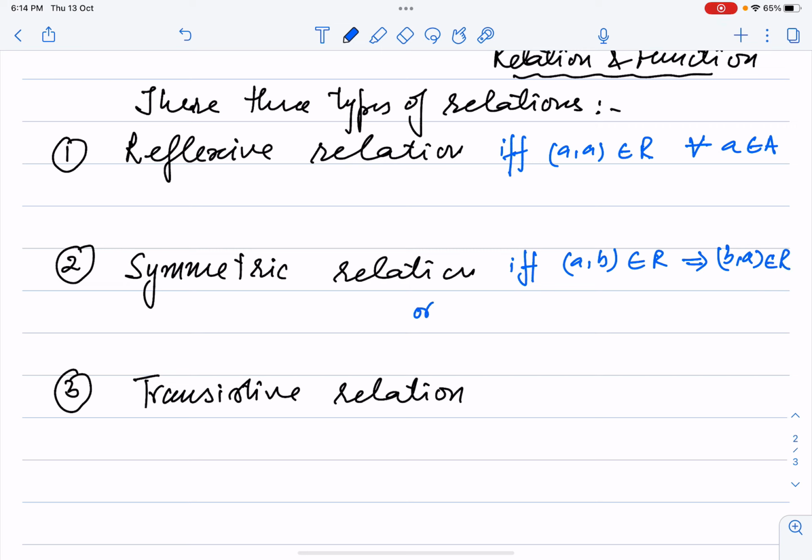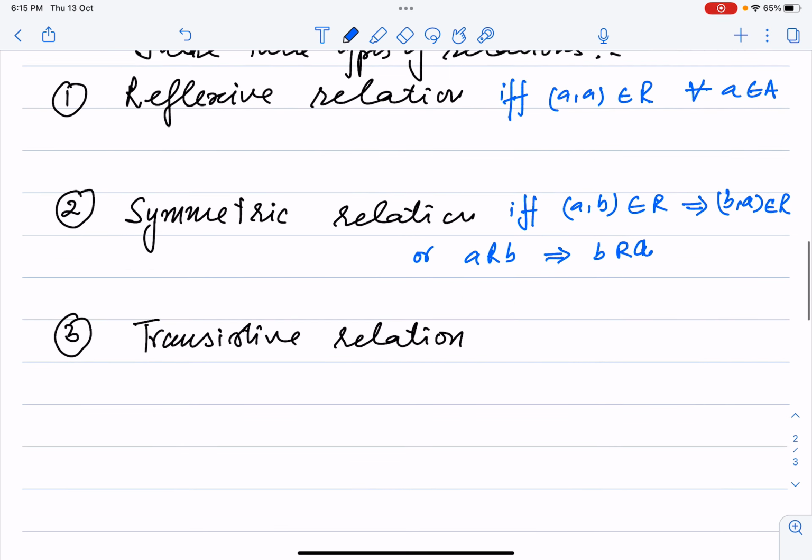Or I can also write like this: a is related to b implies b is also related to a. We will take one by one each, and with further examples it will be illustrated. Now what is a transitive relation?